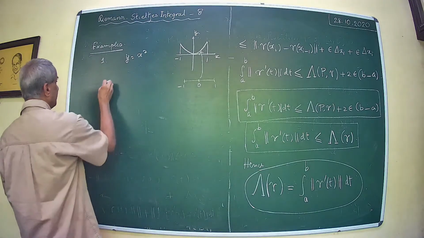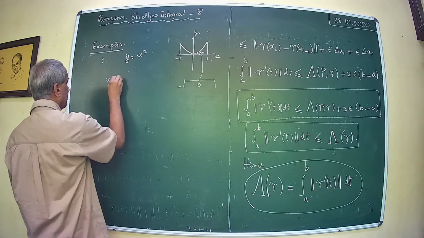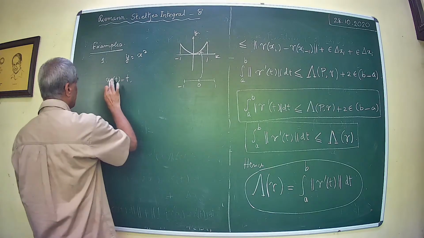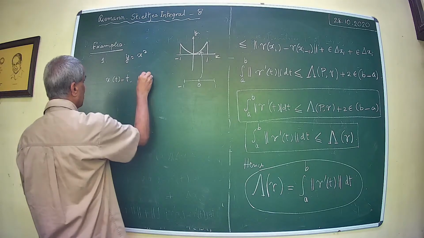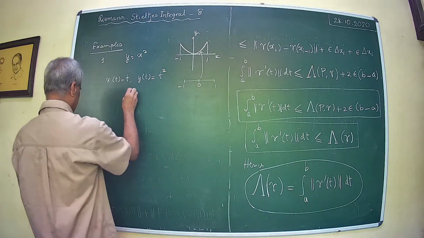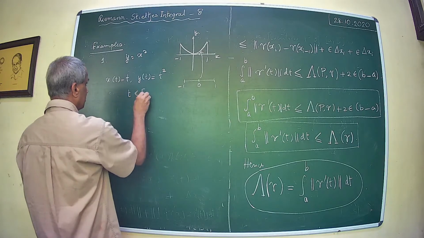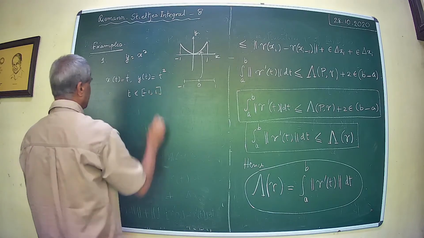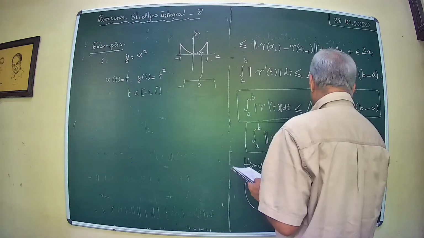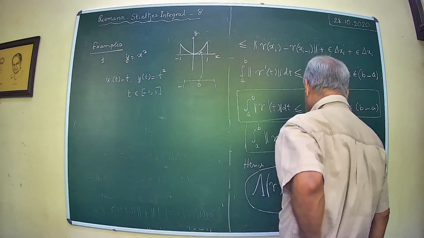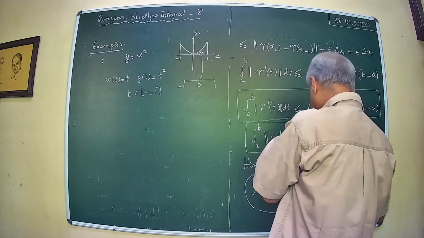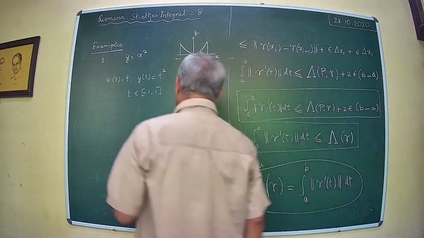So you have t, t square over the interval. There is a value. Now you can compute in this case this one. So what is the length of the curve? The length of the curve can be computed as an integral.